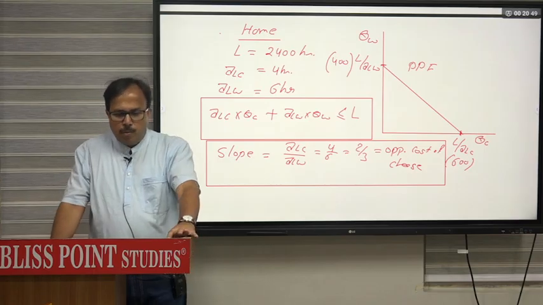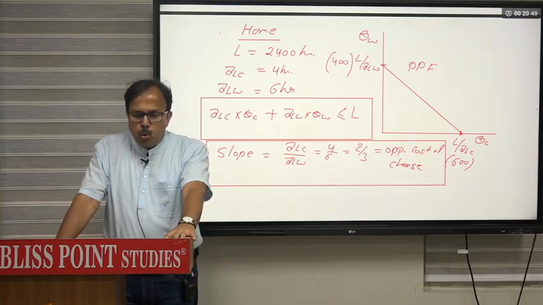Underline the last sentence. This approach in which international trade is arising due to difference in productivity of labor is known as a Ricardian model of international trade.